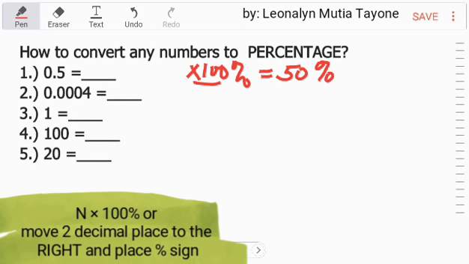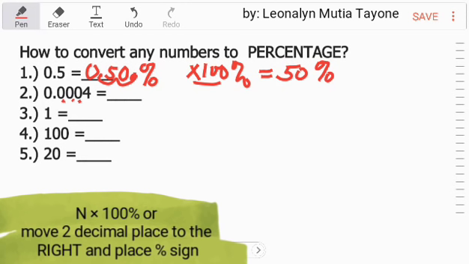In other words, just move two decimal place nitong 0.5 na ito. Ito yung 0.5. 1, 2. Dito na yung decimal niya at lagyan mo ng isang 0 dyan. Then, percentage sign niya.